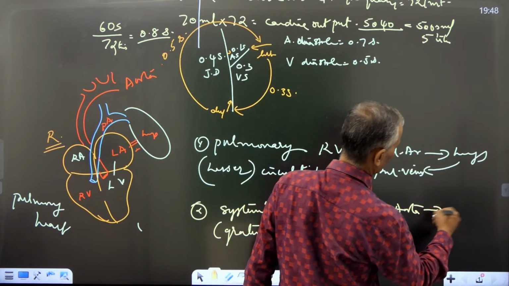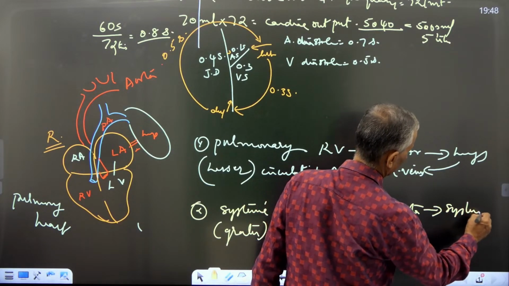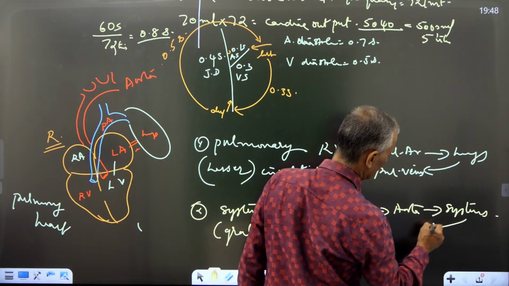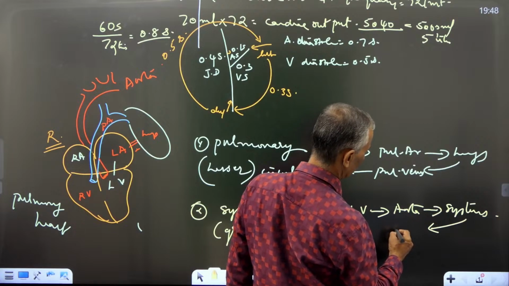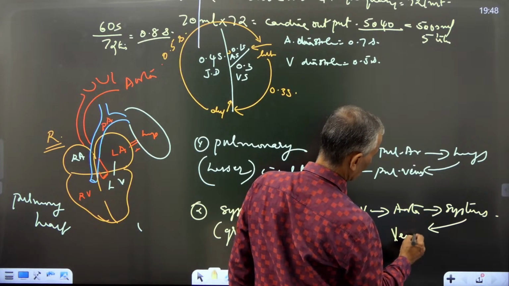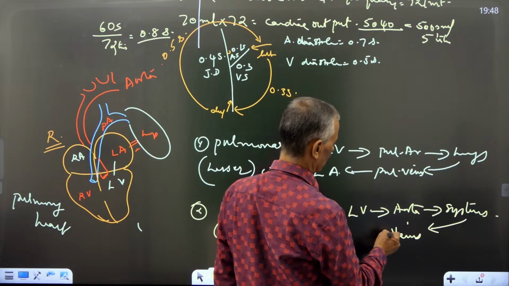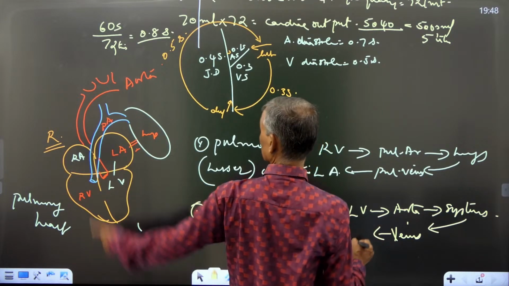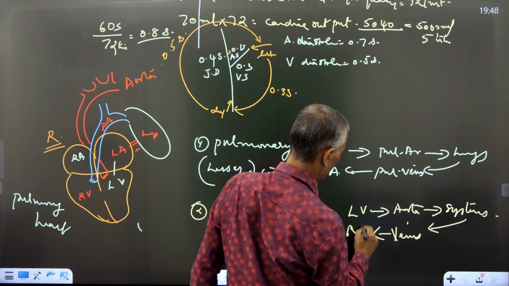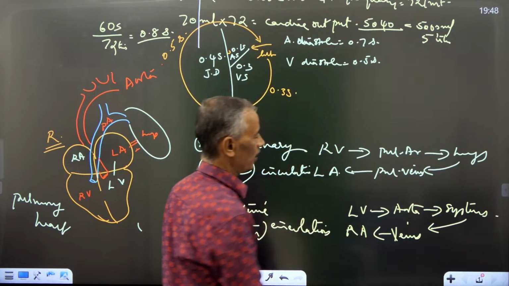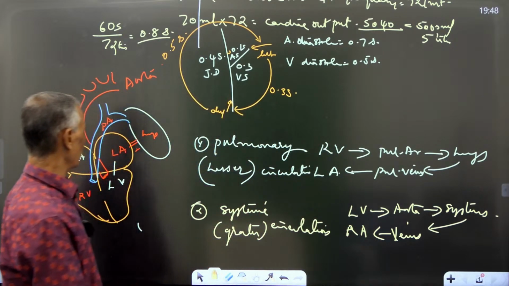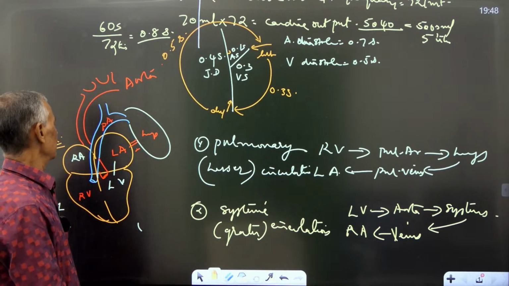It is reaching different systems of the body, and from these systems through the veins, through the important veins, superior vena cava, inferior vena cava, it is reaching back to the right atrium. So blood is always leaving from ventricle and reaching the atrium.